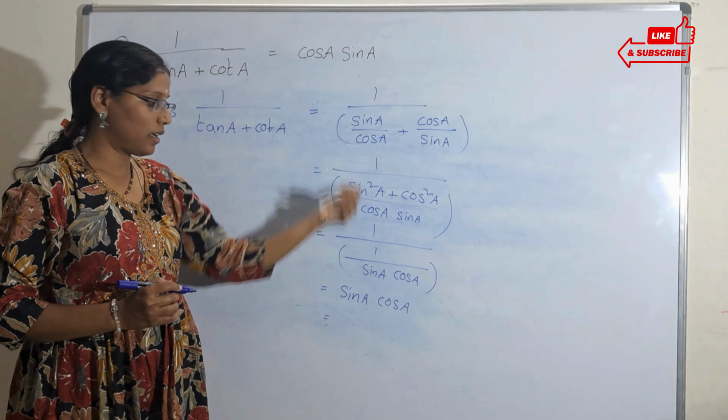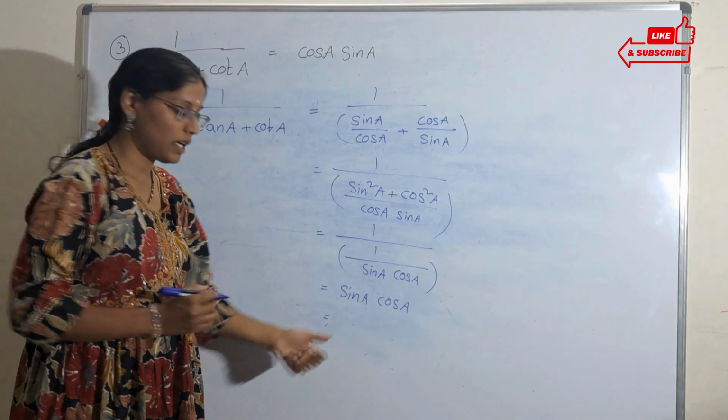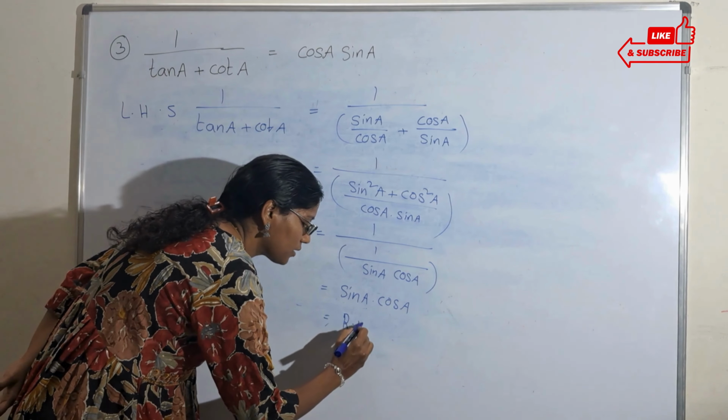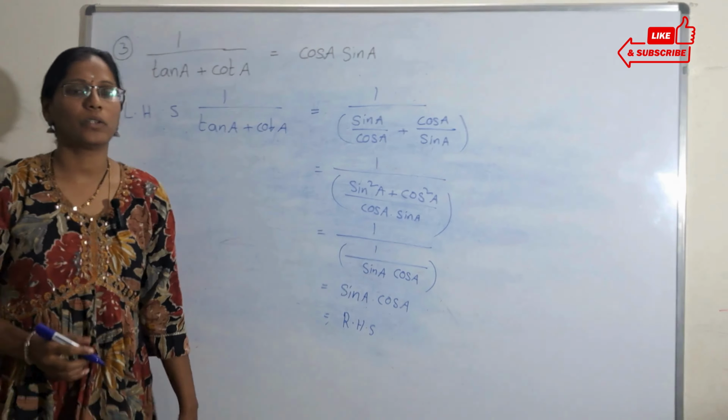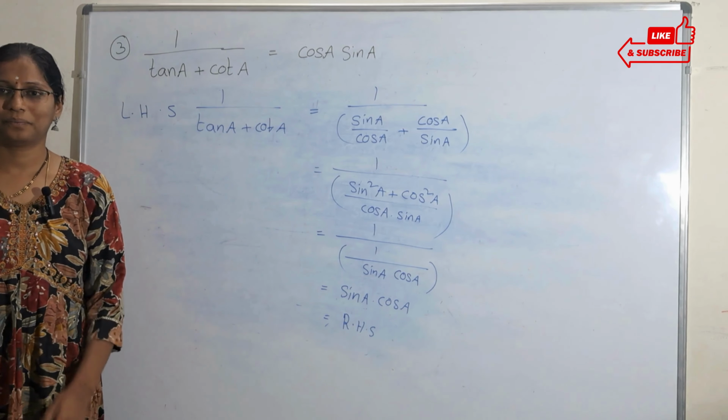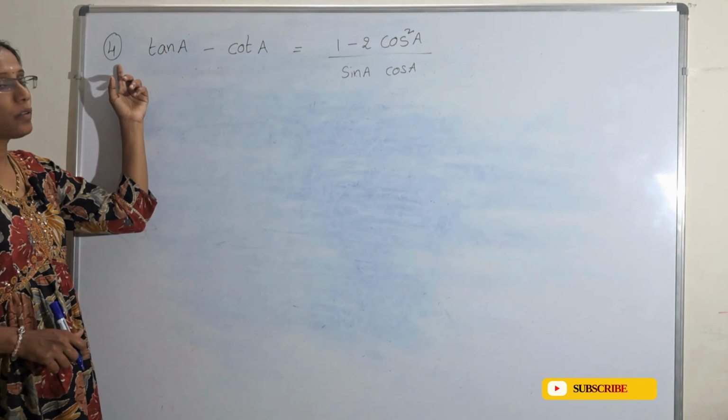Cos A into sin A. We have to prove the RHS. LHS is equal to RHS. Hence proved.